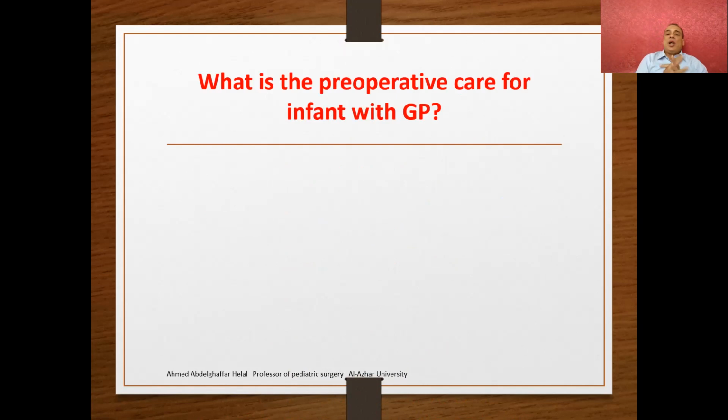So what is the preoperative care for the infant with gastric perforation? Gastric perforation is a very serious disease. Like gastric volvulus, it is an emergency, an intra-abdominal catastrophe, an emergency pathology inside the abdomen.